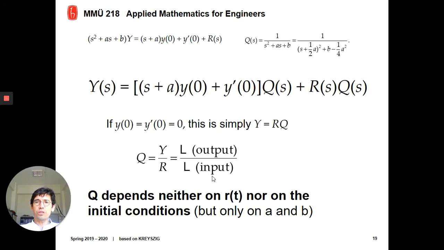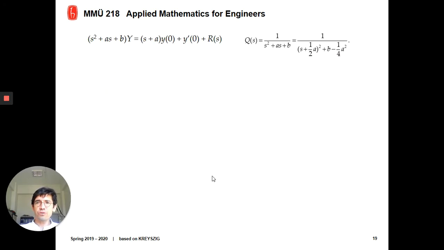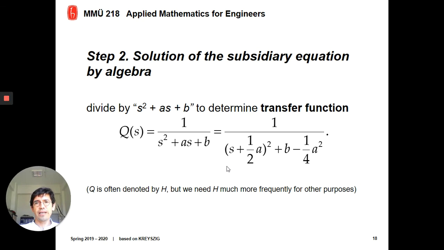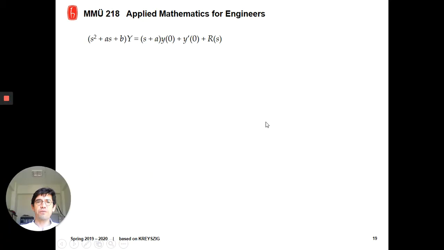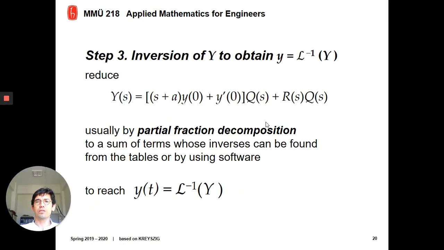And then what do we do after step 2? Step 2 is pretty much defined as finding the transfer function, okay? And solution of the subsidiary equation by algebra is going to give you the transfer function and the equivalent y in terms of transfer function and the input. Then what do you do?